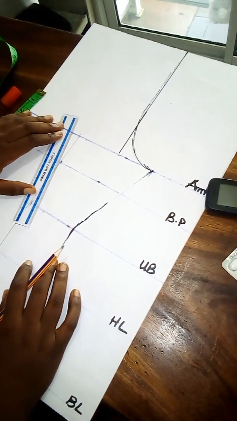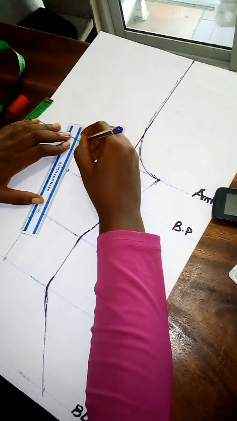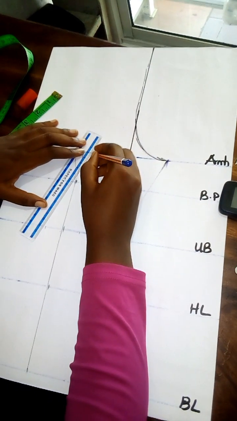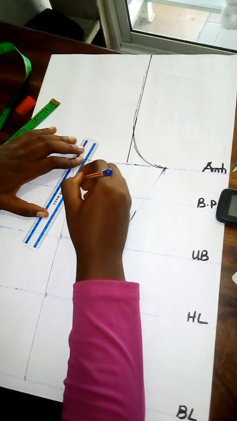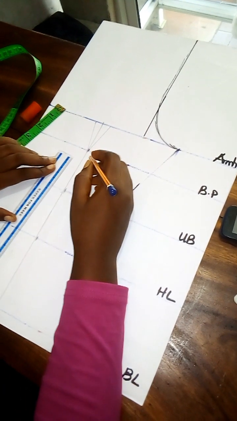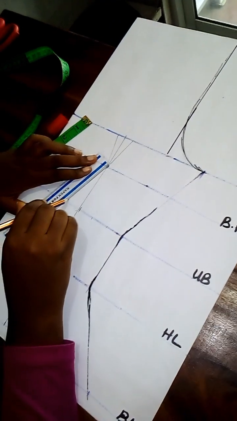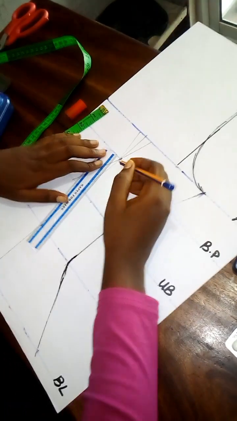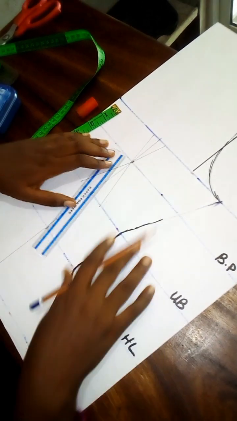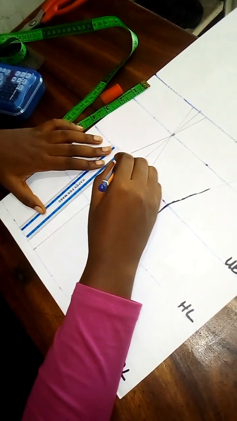Note, for the bust, the top, I use half inch for both sides to tighten the bust, so that you don't have it open. You have it well fitted around the chest area. Yes, that's half inch, and then from the bust point, you're going to rule it down to the under bust.